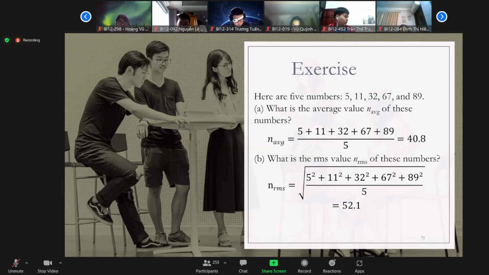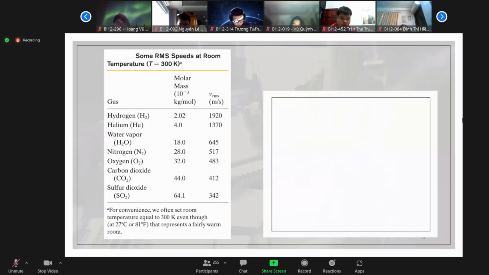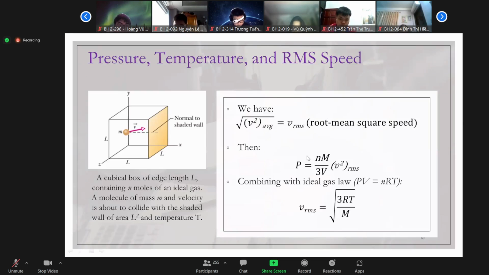So is it okay until here? Now I remind you once again, please remember this formula and this formula. We will continue to study other speeds, but for now, please remember the relationship between the pressure and the root mean square speed. Actually, you just have to remember this one.